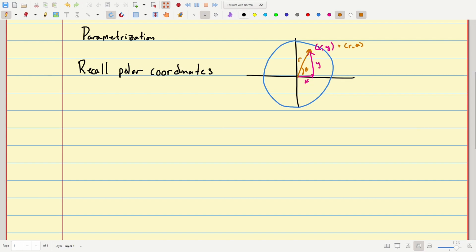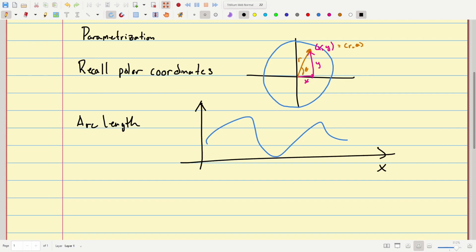Okay? Another example would be an arc length parameterization. If I have some curve, we can think about this curve as either being 2D or 3D. All right. One of the ways that I could think about moving along this curve would be how I move along this curve with respect to the x coordinate, right?